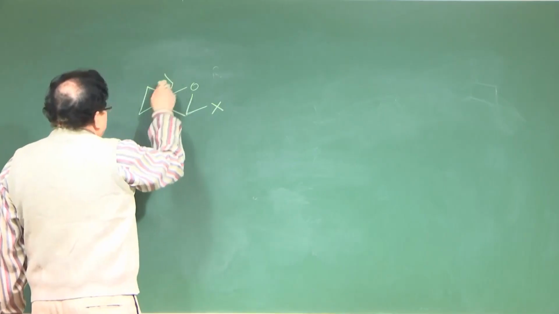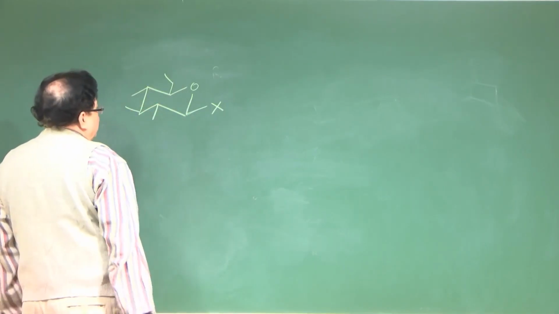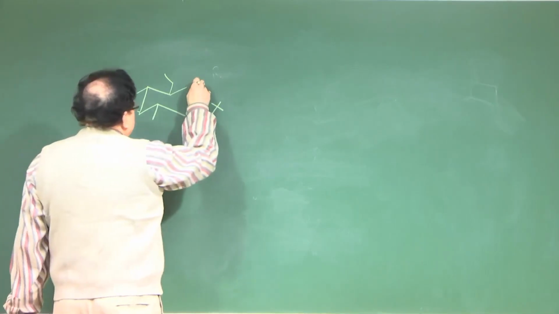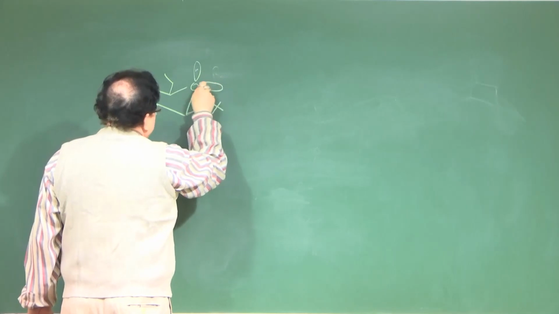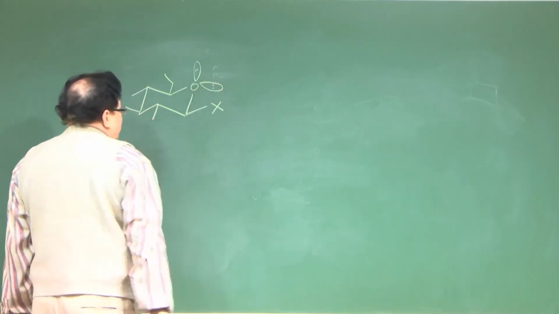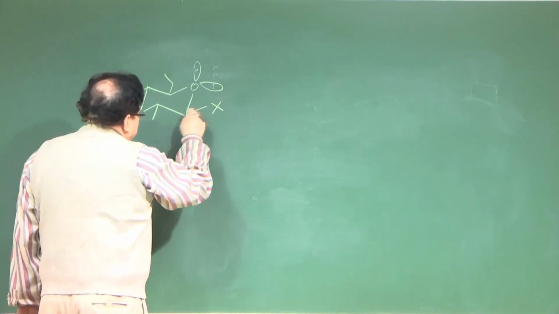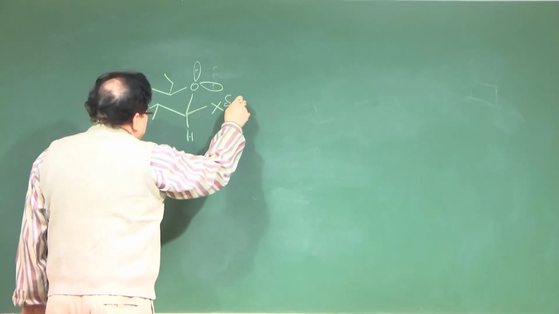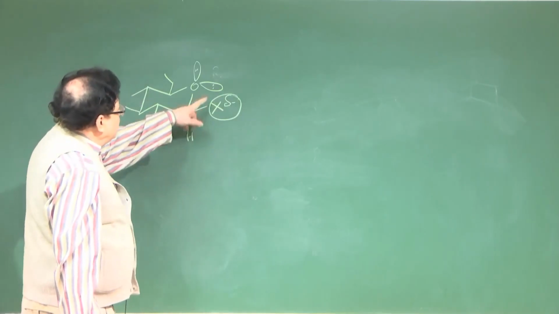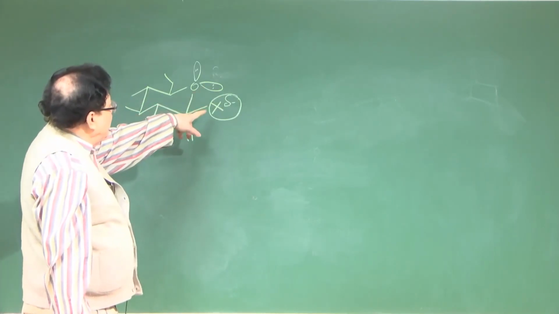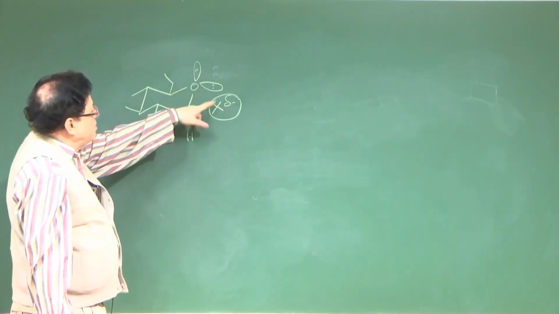So, when you have this molecule, put in the oxygen lone pairs. One is the axial lone pair, another is the equatorial lone pair. Because of the inductive effect, this will also assume delta negative character. And if you see, the dihedral angle between this lone pair and X is 60. Also the dihedral angle between this lone pair and X is 60.